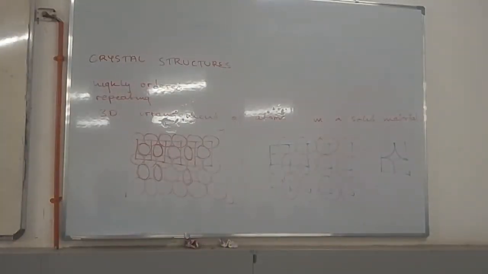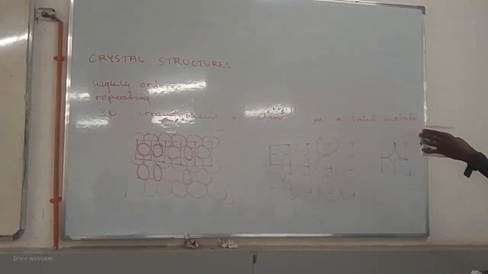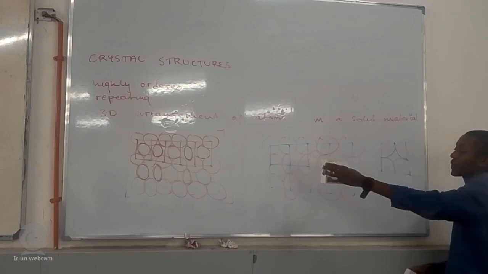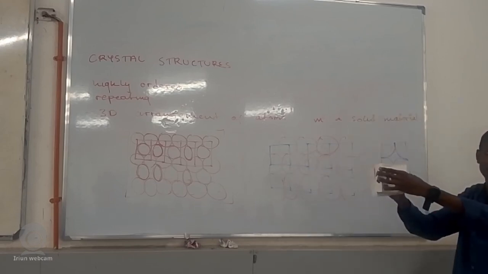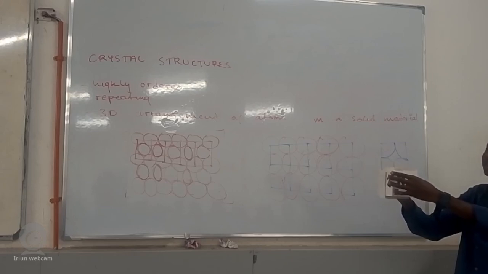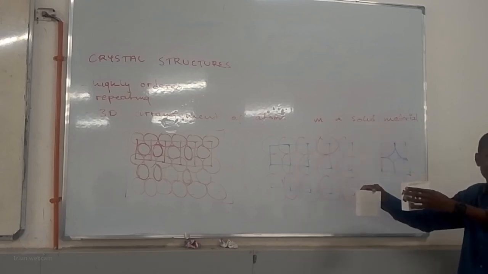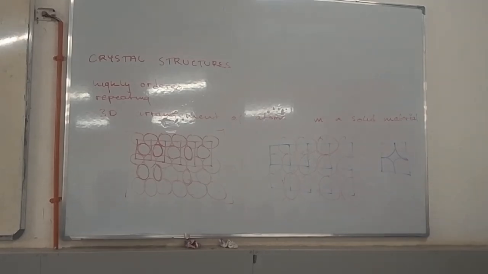Let me try to get an example. These are the atoms in front. Even behind these atoms in front, there are atoms behind, and behind those atoms there are more atoms, forming a 3D structure.